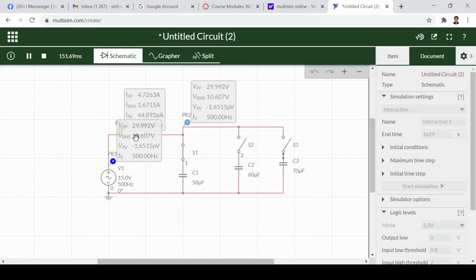The VRMS supplied is 10.607 and the voltage across the capacitor is 10.607.